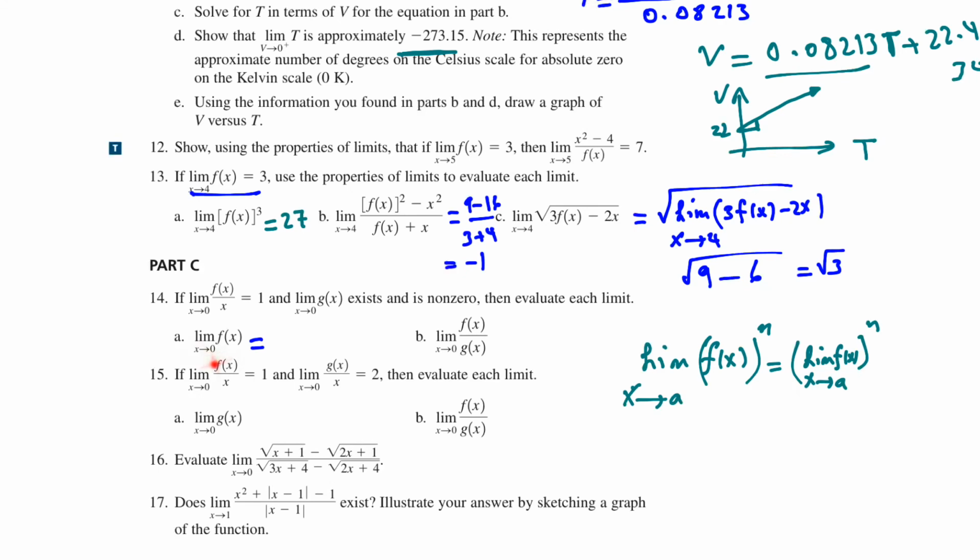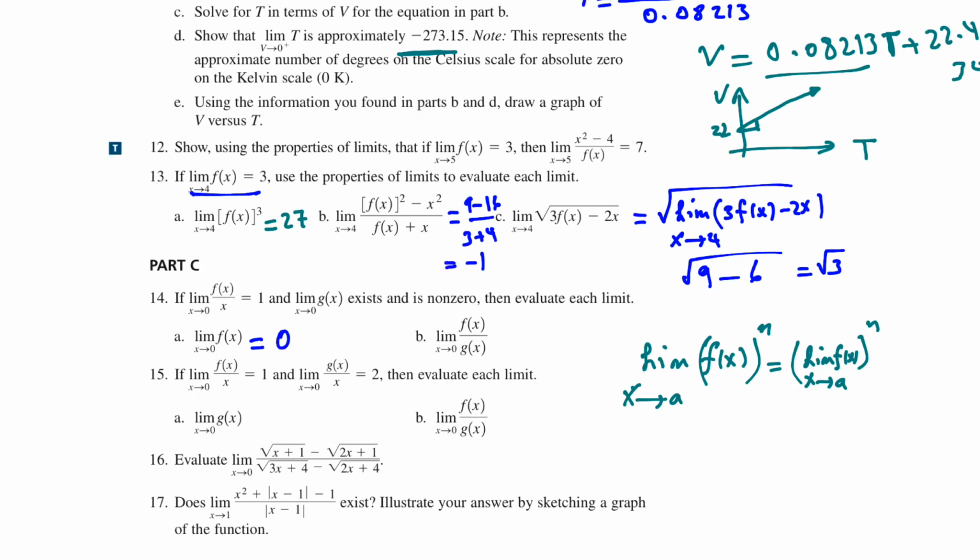Last question. If the limit of f of x over x as x approaches 0 is 1, and the limit of g of x as x approaches 0 exists and is non-zero, then evaluate each limit. The limit of f of x as x approaches 0.